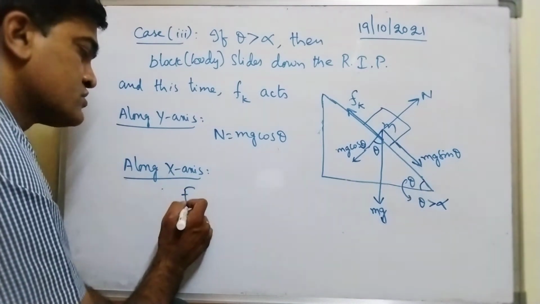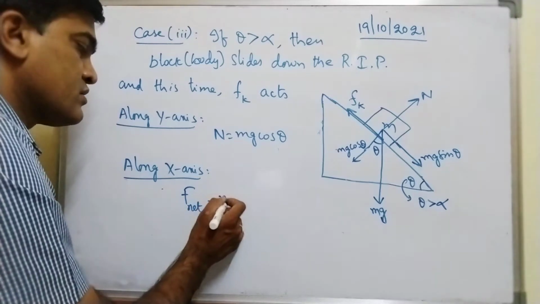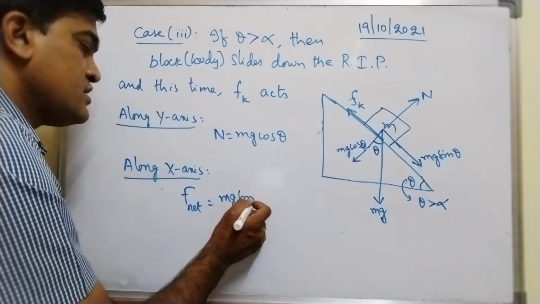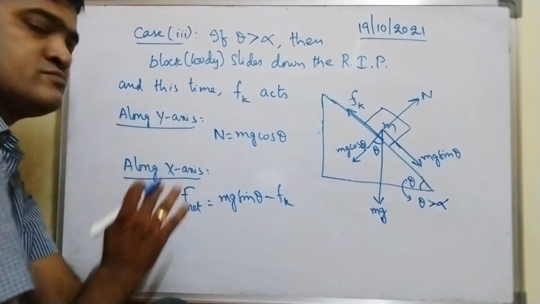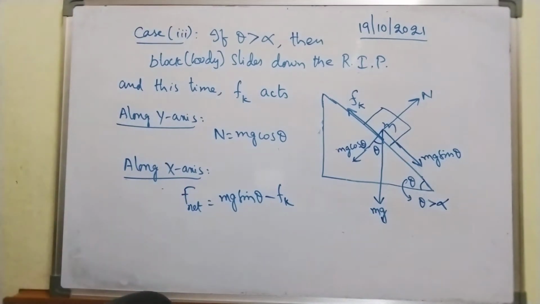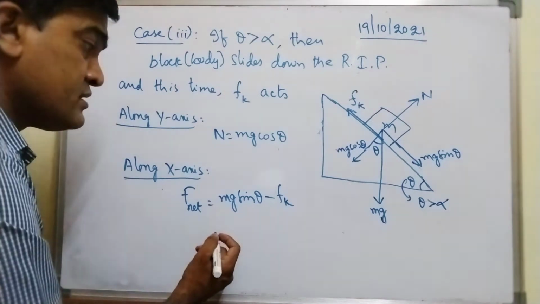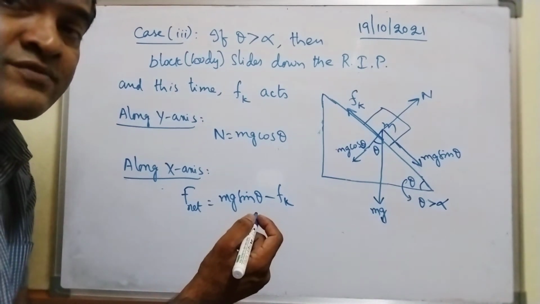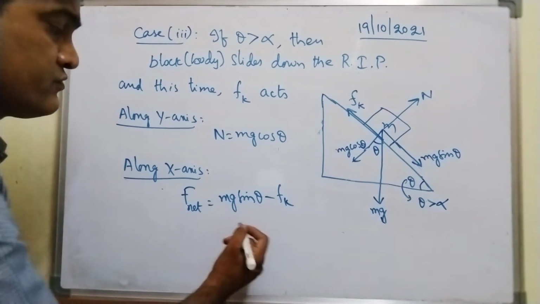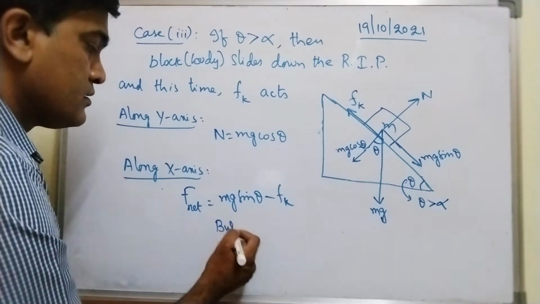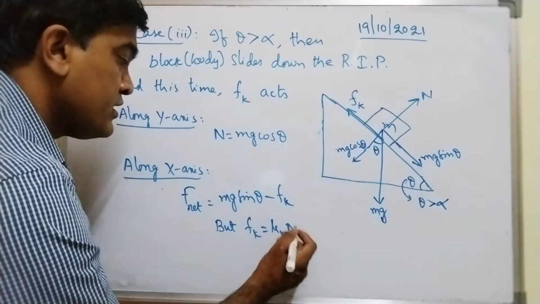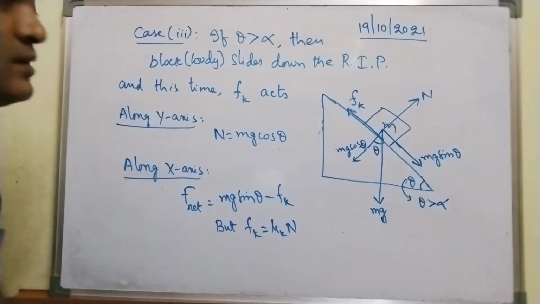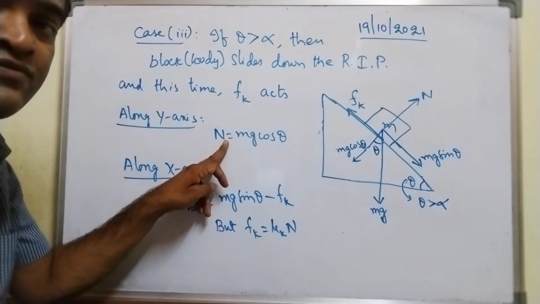Now, what is the net force? Net force is equal to mg sin theta minus Fk. But what is the formula for Fk? Fk is equal to mu k into N, if you remember. But what is the value of normal force?